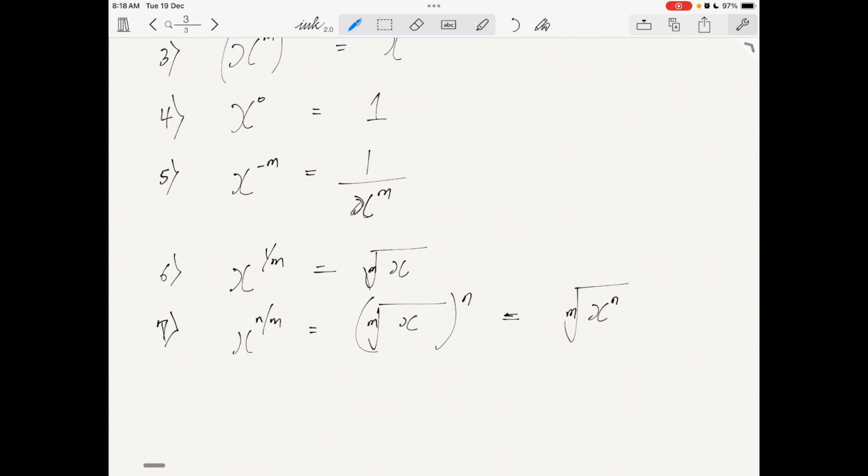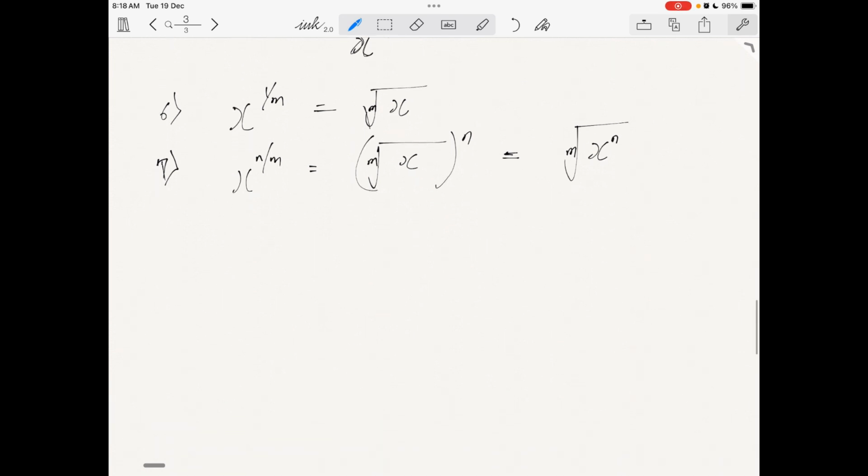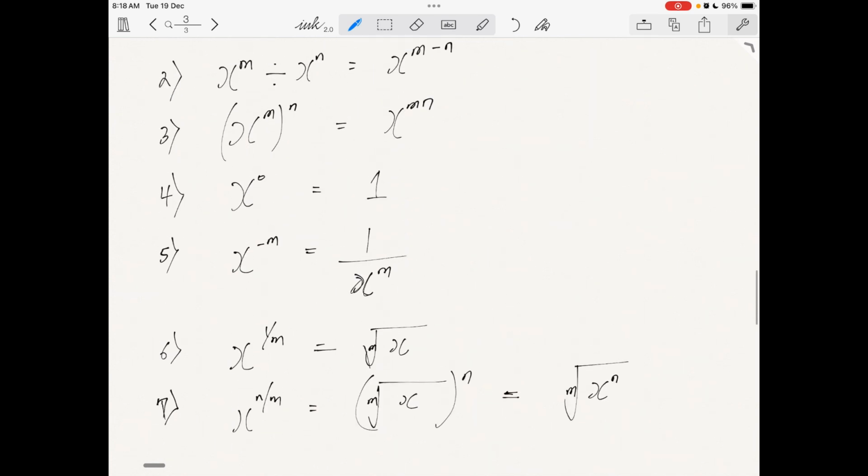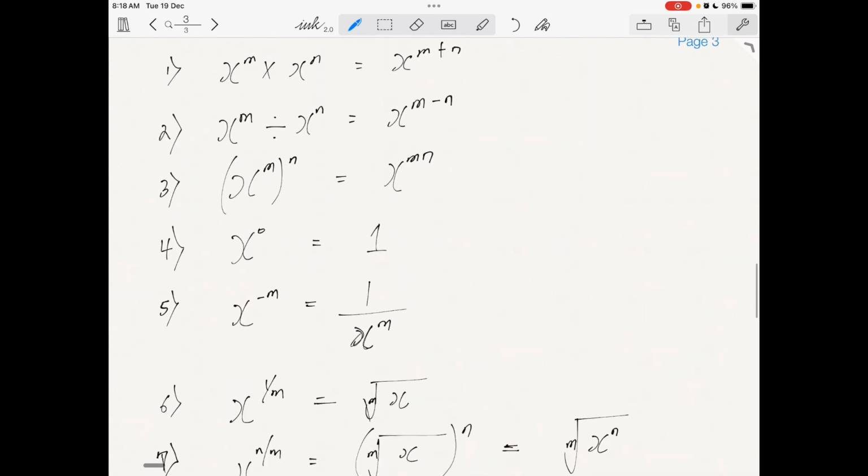So questions can come in any form, having understood the 7 laws of indices, so we can go further and apply the rules to questions.